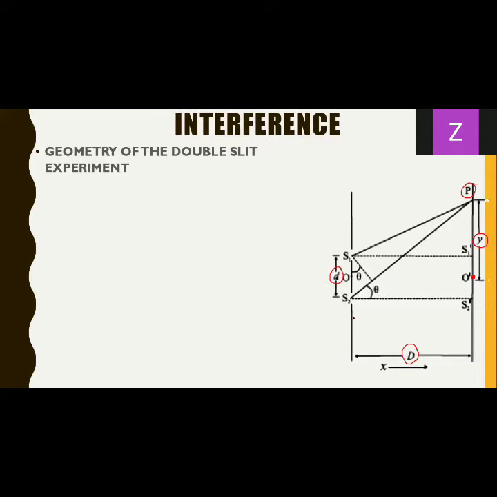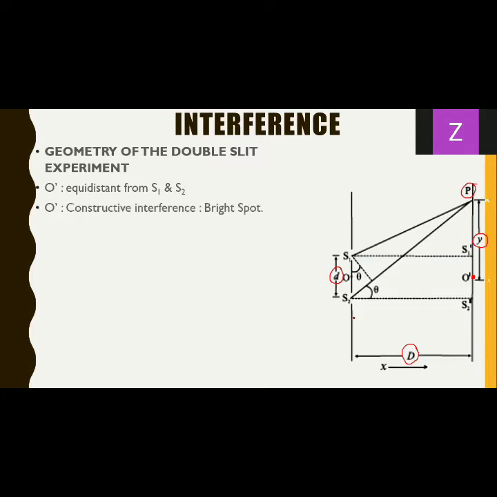Based on this, we are going to understand the basic geometry of this double slit experiment. Starting off, we know O dash is equidistant from S1 and S2. And we also know from experiment that O dash is the point where the bright spot or bright fringe is formed, meaning constructive interference takes place.